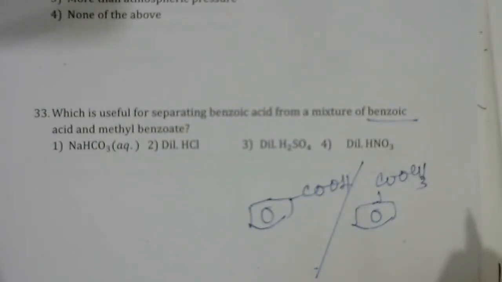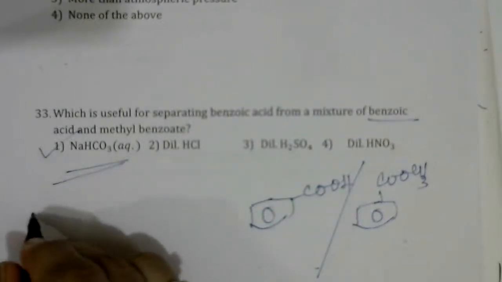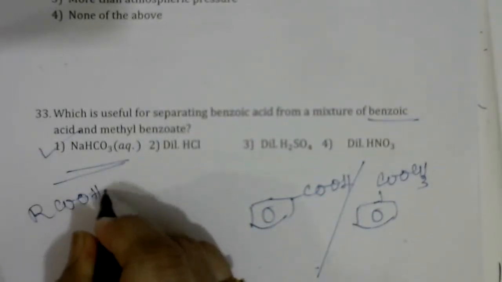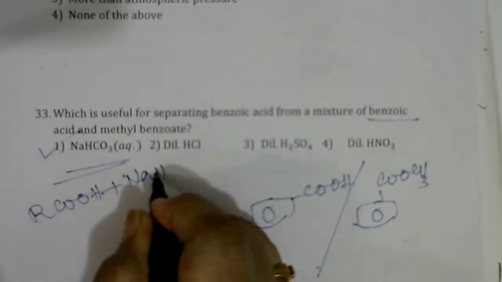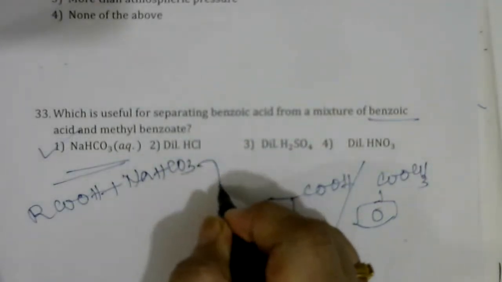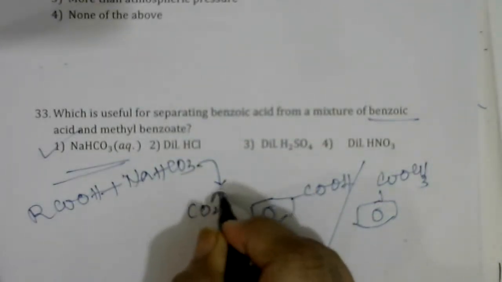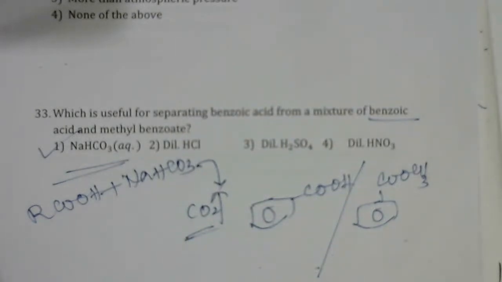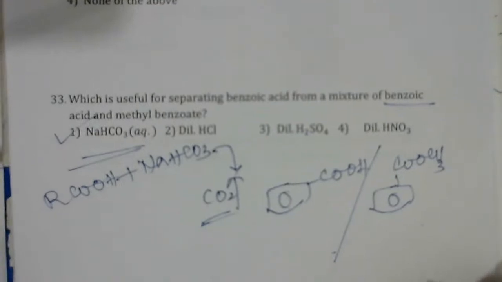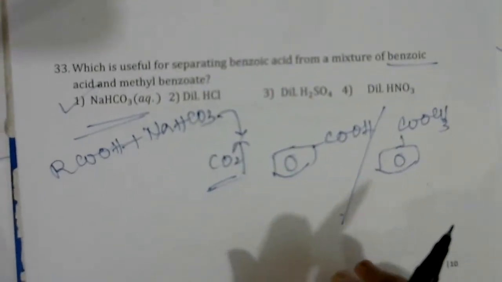Whenever we take benzoic acid and methyl benzoate, they can be differentiated using sodium bicarbonate solution. Because when the acid is treated with sodium bicarbonate solution, it produces what, children? Effervescence due to liberation of carbon dioxide.